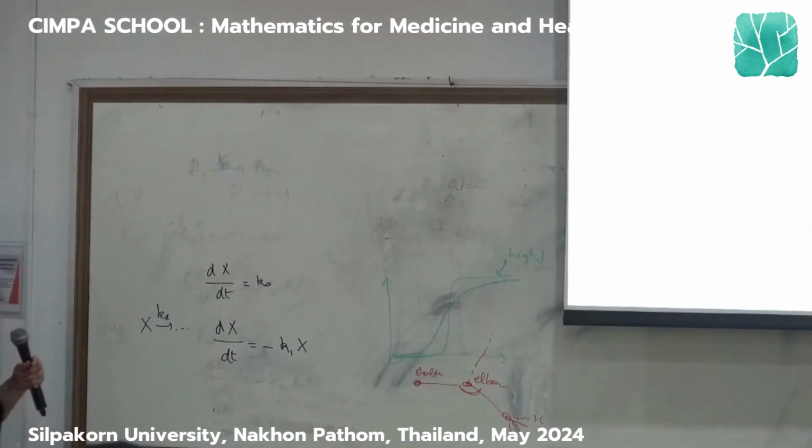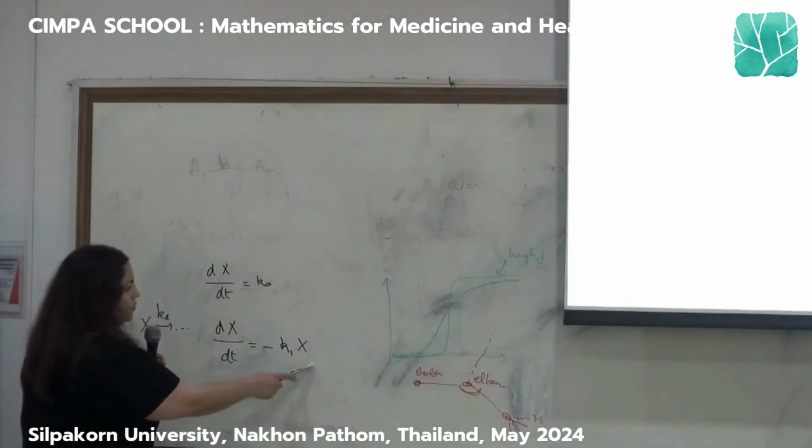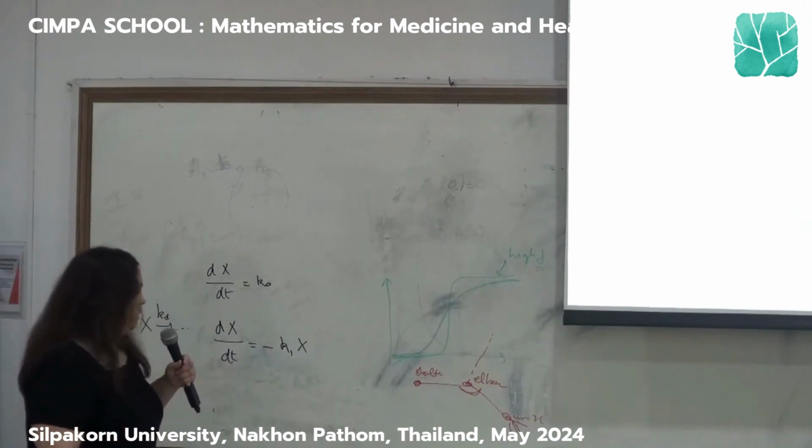And this type of kinetics, first order kinetics, is typically what happens when the protein is degraded. This is how we model the degradation of X over time in a cell.